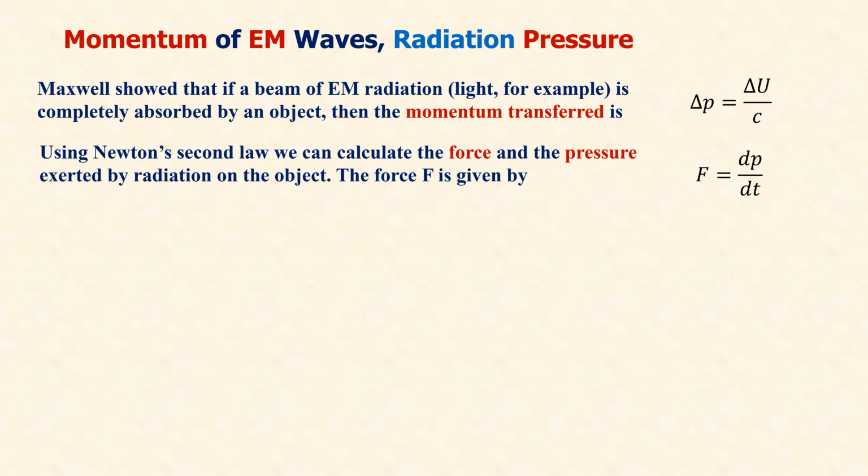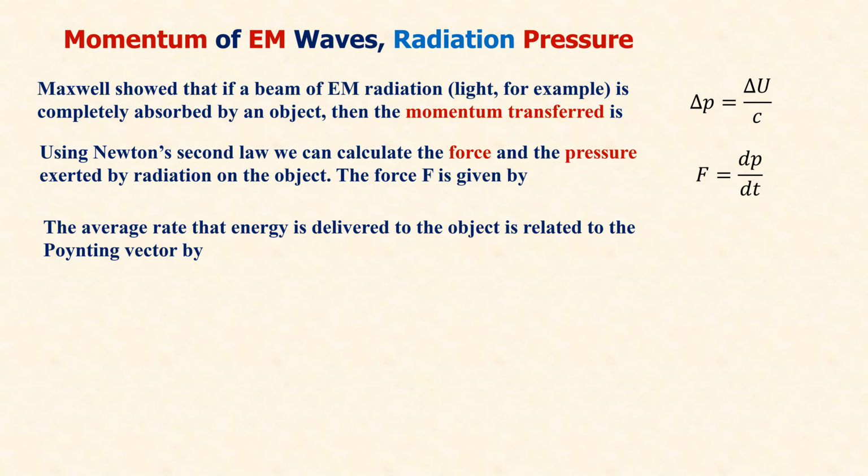All right, the force, according to Newton's law, is the rate of change of momentum. So if dP is dU over c, then F is dP over dt. So the average rate that energy is delivered to the object is related to the Poynting vector by this formula: S is equal to 1 over A dU/dt.